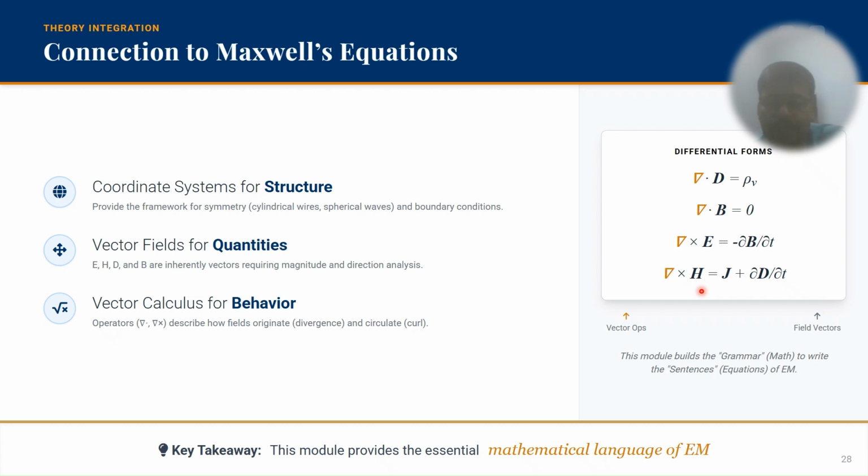So the change in the magnetic field is related not only to the current, it also involves the electric flux density, meaning the change in the electric field. So whatever we studied has a connection with the Maxwell equations: coordinate systems for structures, vector fields for quantities, and vector calculus for different behaviors.